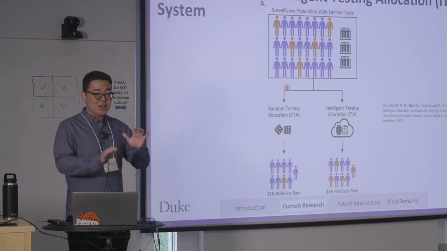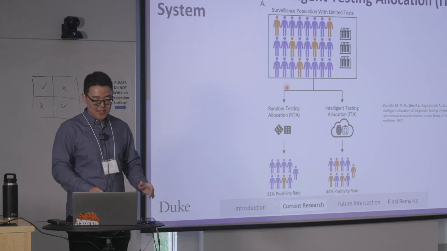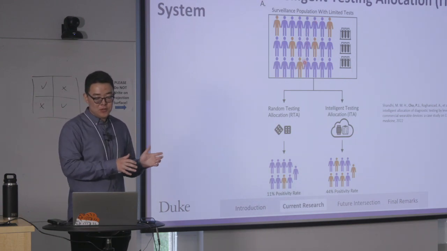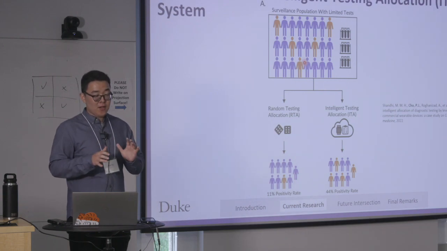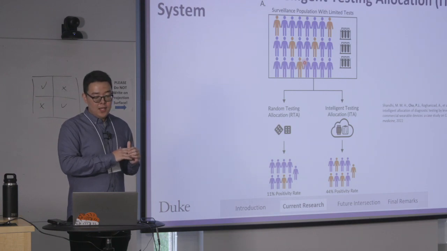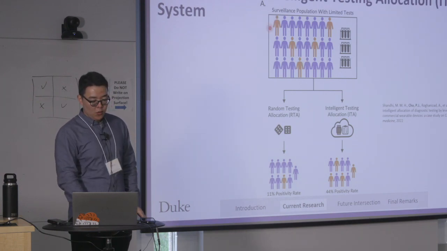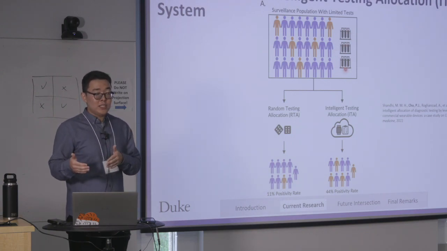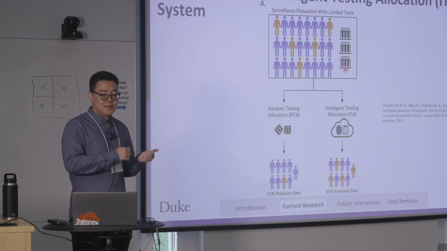And so in this very contrived, very controlled setting, consider a population, so this is like 24 individuals, and you don't know that there are 5 individuals who are COVID positive, but this is just, the orange is labeled for the COVID positive, and you only have 9 testing kits. So how would you allocate which individuals should be receiving these tests?